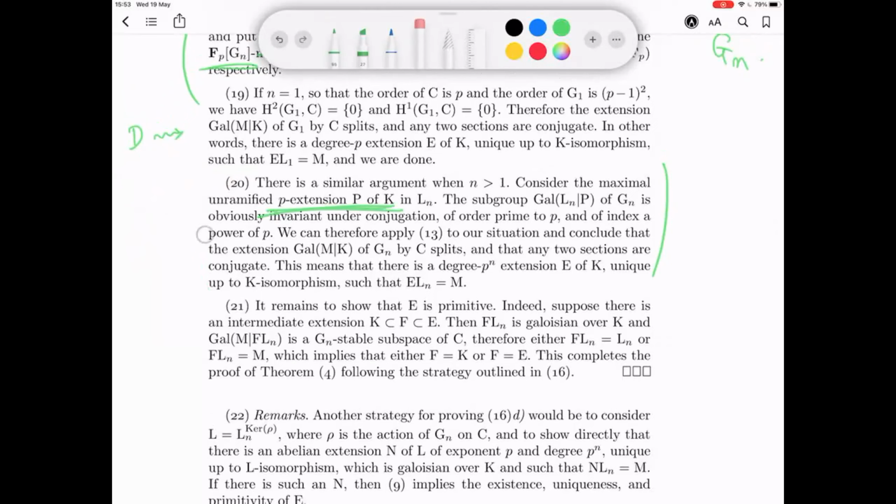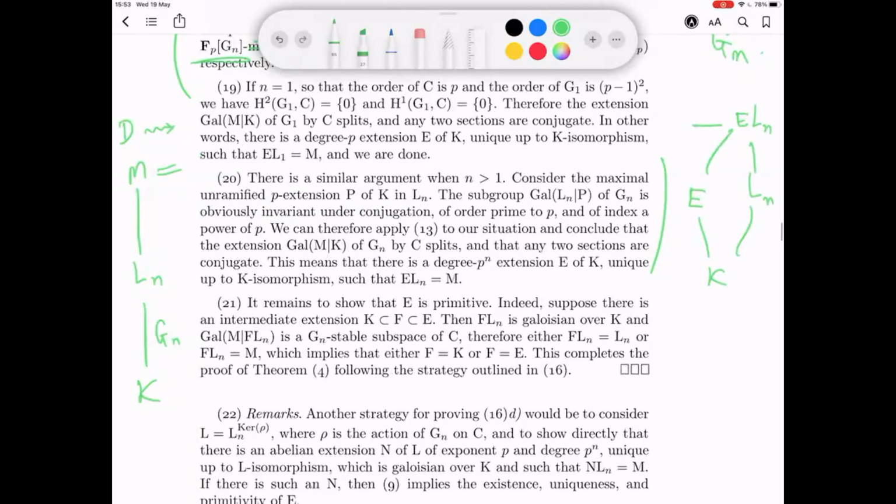Okay, so here it is. You got this M, which is an extension of L_n, which is an extension of K. Here the group is G_n, and now what we have to find is an extension E of K such that E L_n is equal to this M.